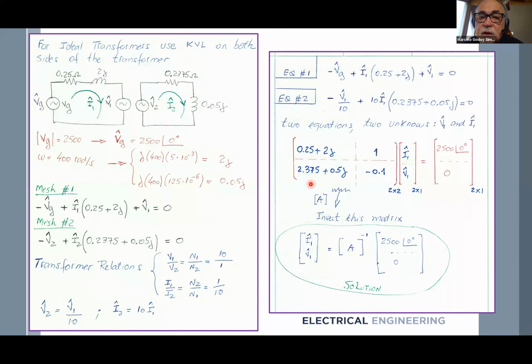I have 2.375 from here and 0.5 from the other coefficient. So I have here a matrix with complex coefficients multiplied by I1, V1, equals that vector. I have to invert that matrix. So how do I invert that matrix?